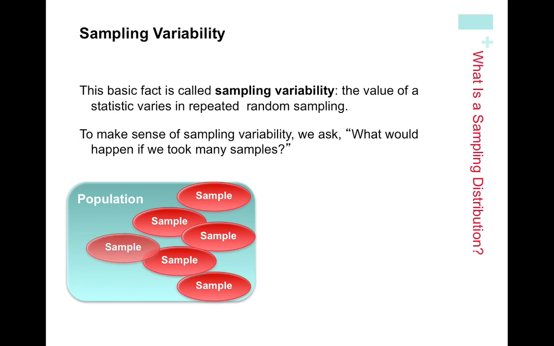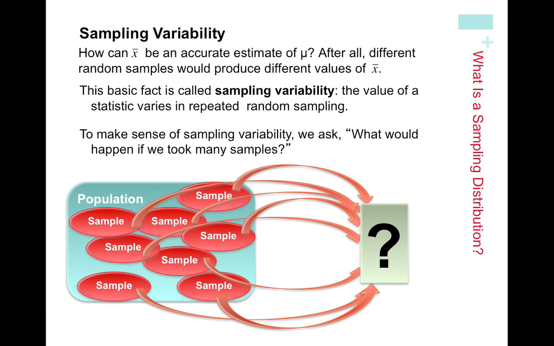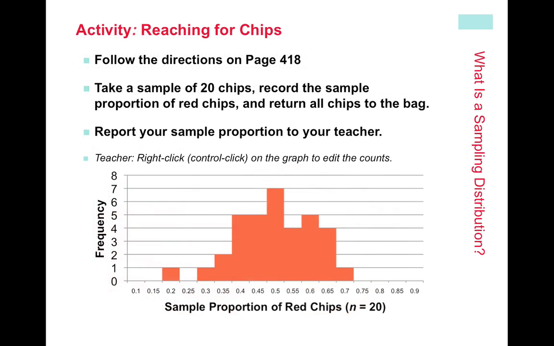When we're thinking about sampling distributions or sample variability, because each sample is going to be a little bit different, we have to think about what happens when we take many samples, because each sample is going to give us a different result. If we remember what we did in class, I passed around a bag of chips.